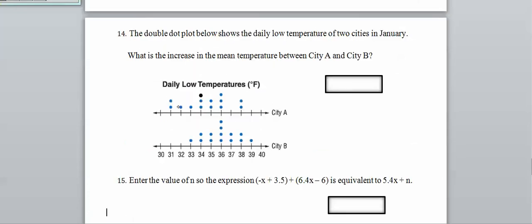Okay, so on this one, we needed to add up all the 31s, the 32s, the 33s, and so on and so forth. When we add all these dots values, which you find down here for city A, we get a total of 488. There are 2, 4, 6, 8, 10, 12, 14 dots.